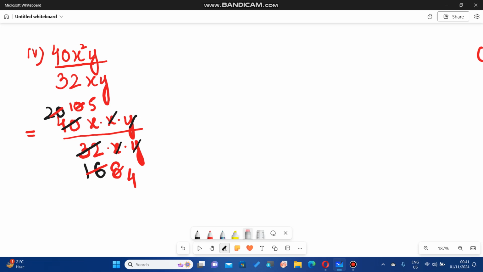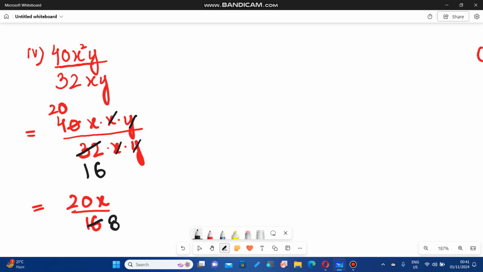Or you can divide it into different steps. You can do 2 times 16 equals 32 and 2 times 20 equals 40. What are we left with in the numerator? 20x divided by 16. You can cancel it again. 2 times 8 equals 16, 2 times 10 equals 20.